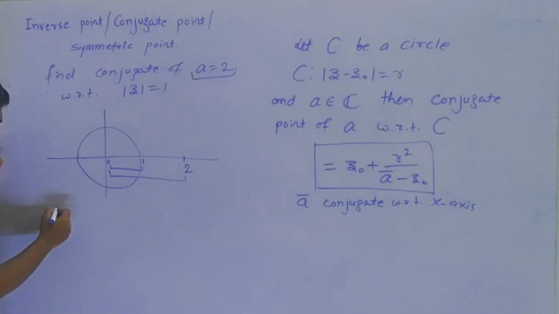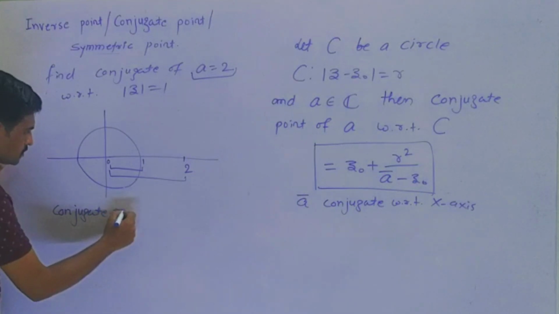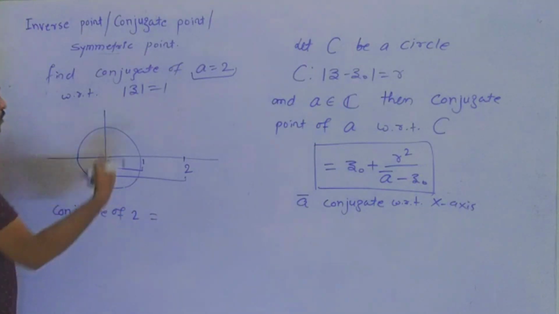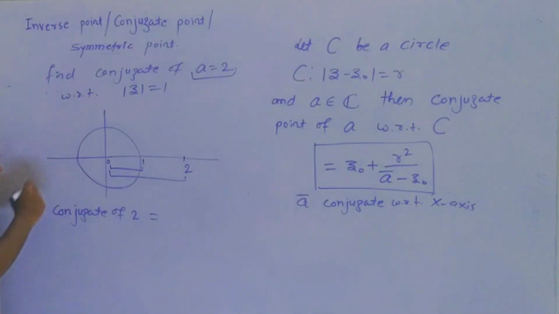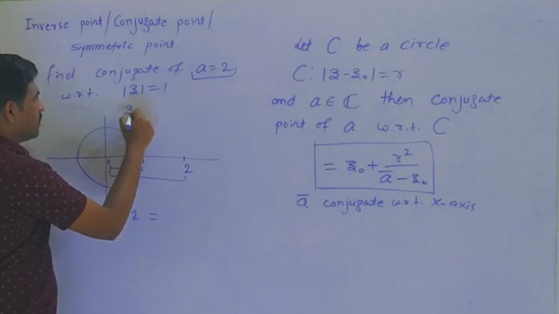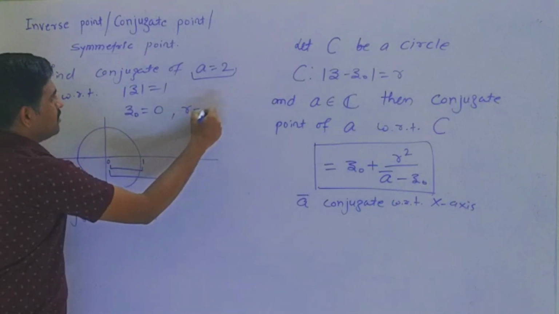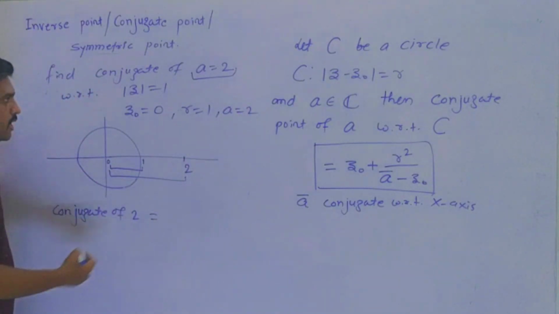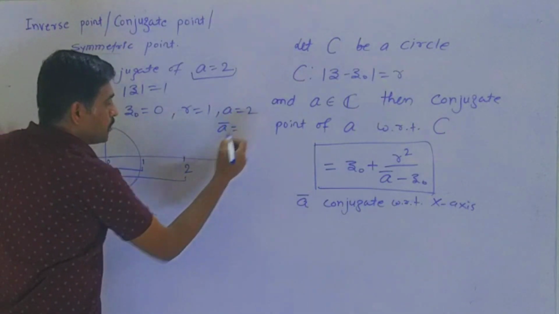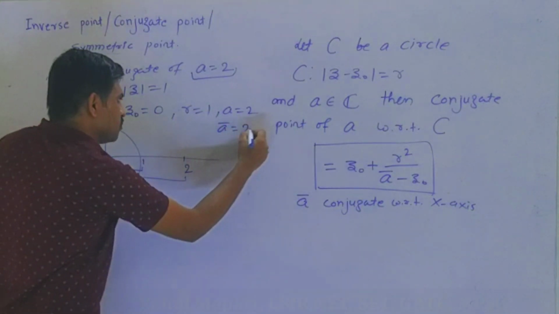Now the conjugate of 2 with respect to the circle: Z0 is the center, so 0. R is the radius, that is 1, and the point is 2. Its conjugate with respect to the x-axis, a real number, is self conjugate, so 2.